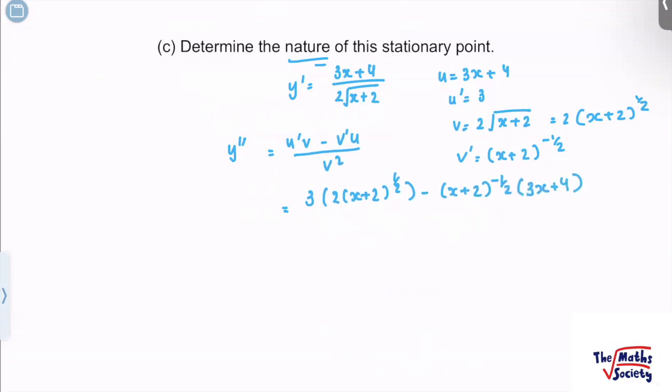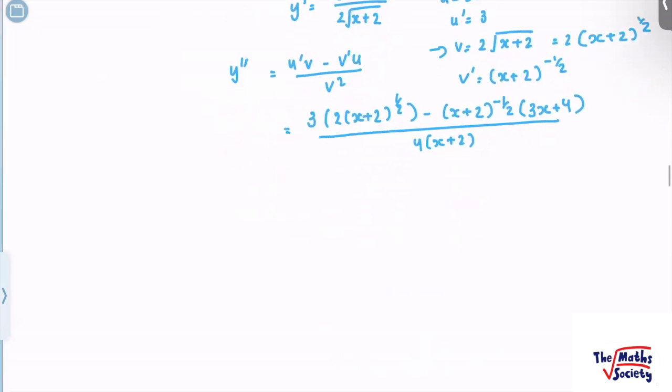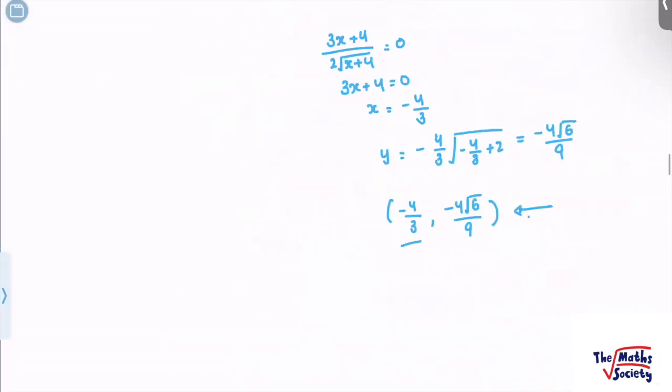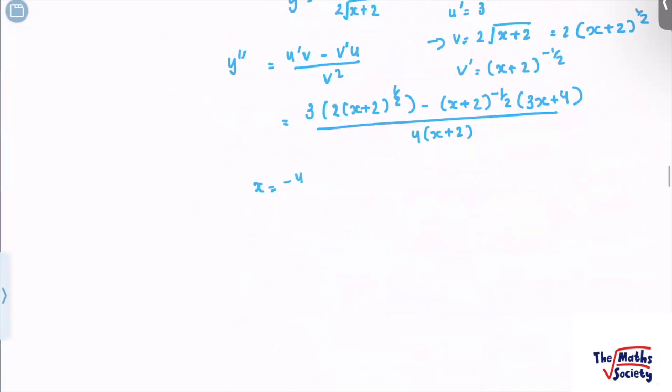By v squared, which is, yeah, 2 squared, so 4 times (x plus 2). Yep, and you're just going to substitute x equals minus 4 by 3. So you just get y double prime equal to 1.84, and that is greater than 0, and therefore it is a minimum point.